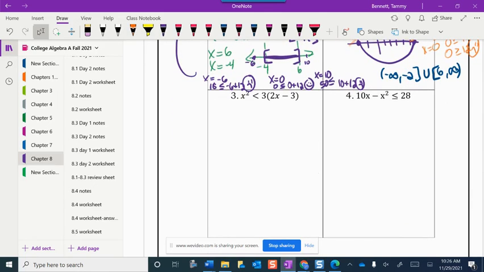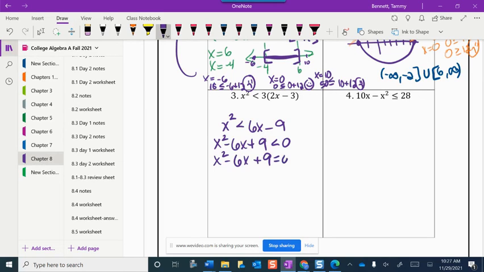All right, number 3 in this set, we have x squared is less than 6x minus 9. Let's move everything to the left. So x squared minus 6x plus 9 less than 0. Let's set it equal to 0. So x squared minus 6x plus 9 equals 0. Let's factor that. We can. So x minus 3, x minus 3.